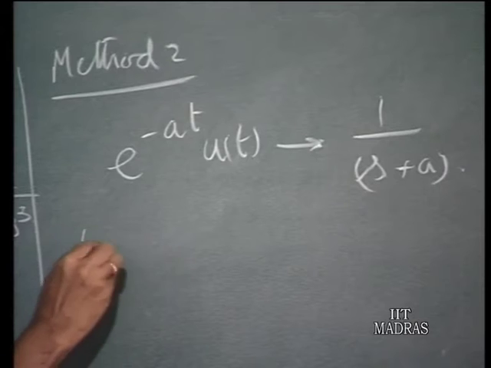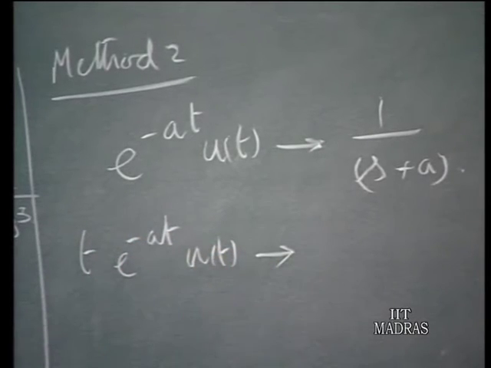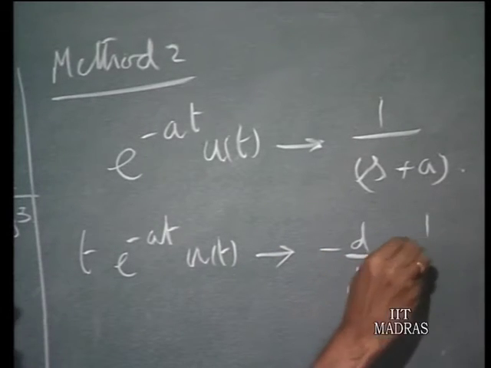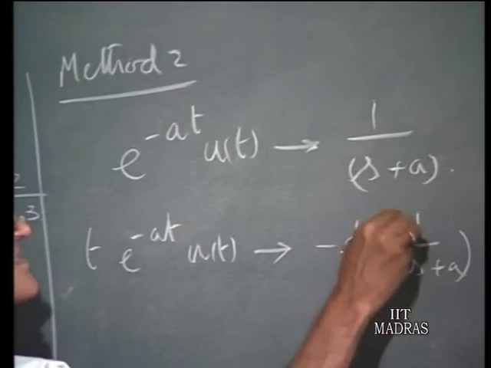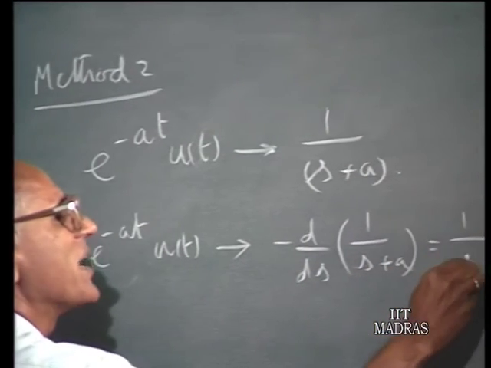Now, t multiplied by e to the power of minus a t u(t) is once again minus d by ds of 1 over s plus a, that will be 1 over s plus a whole square.